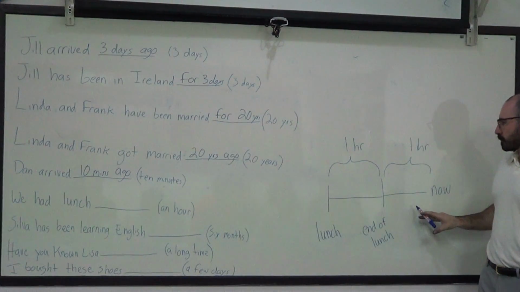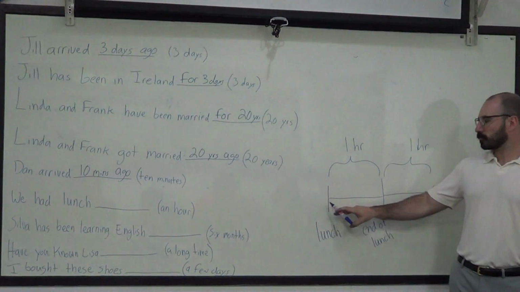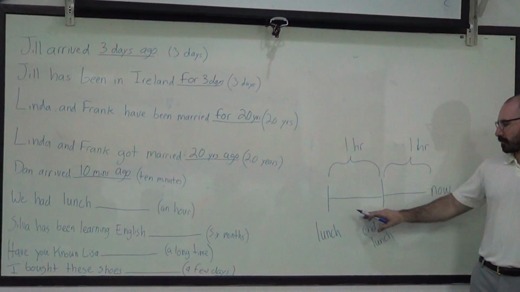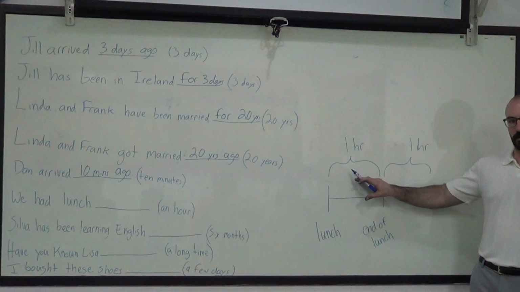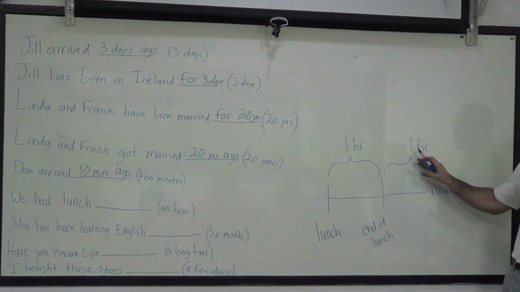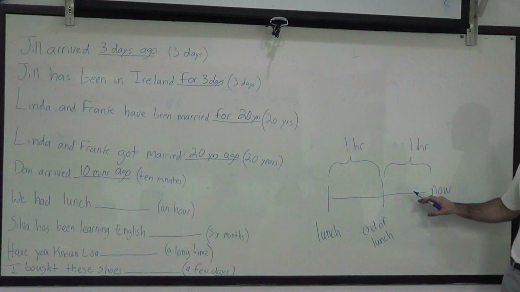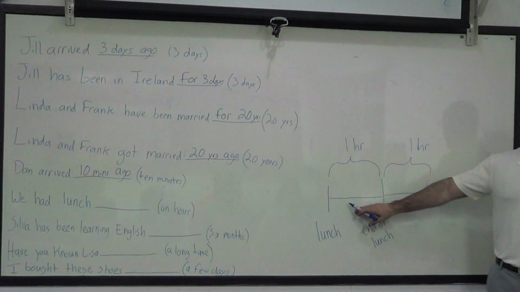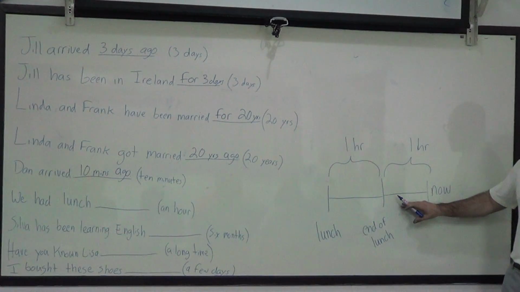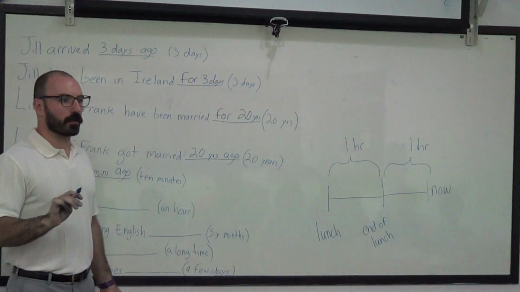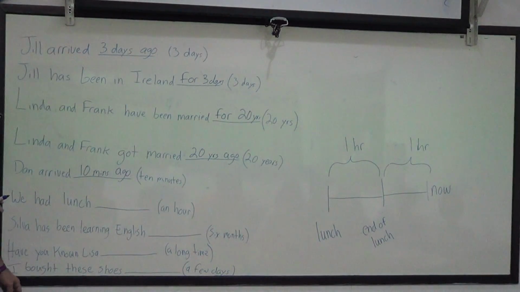So lunch began 2 hours ago. It lasted, the time of lunch is 1 hour. Lunch ended at the same time from now. 1 hour. So when did you have lunch? We had lunch.